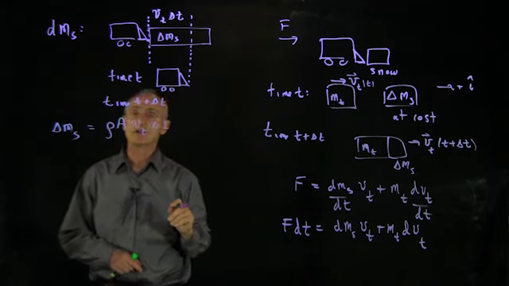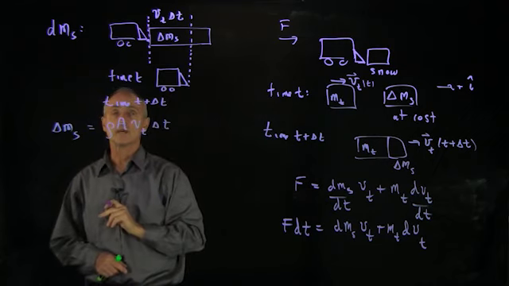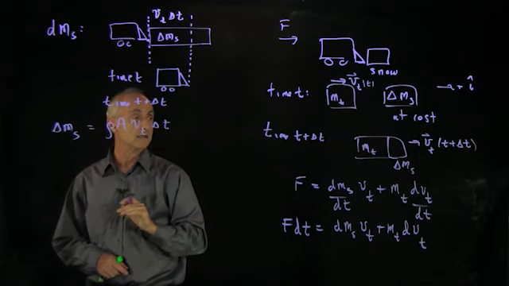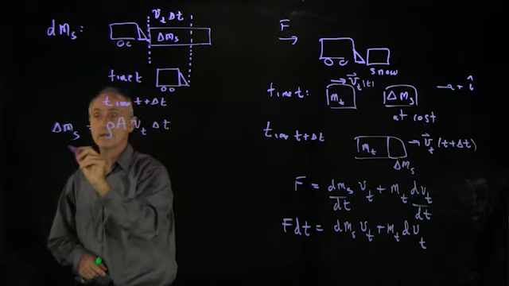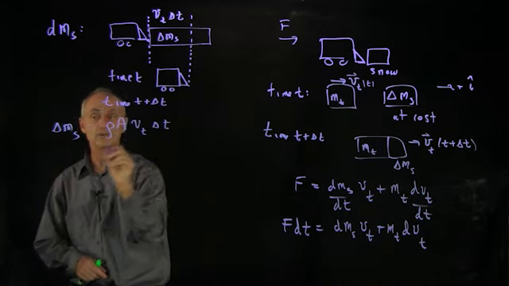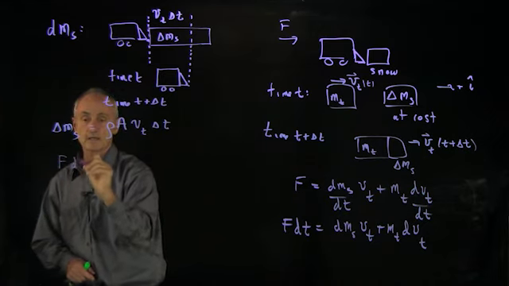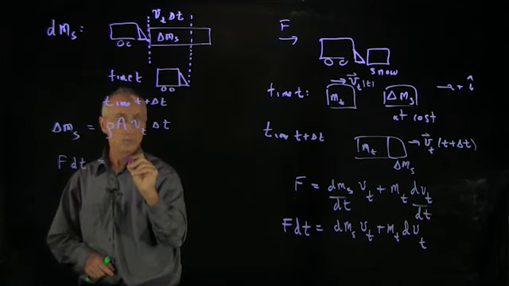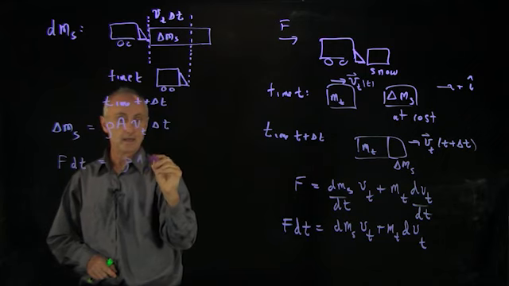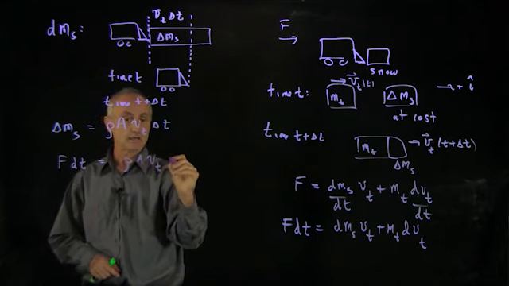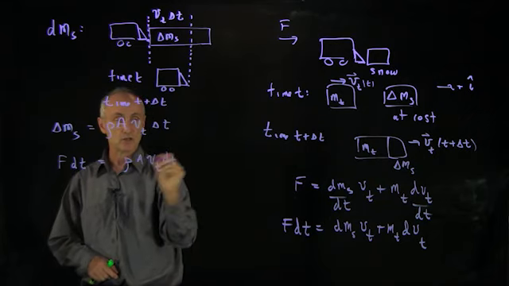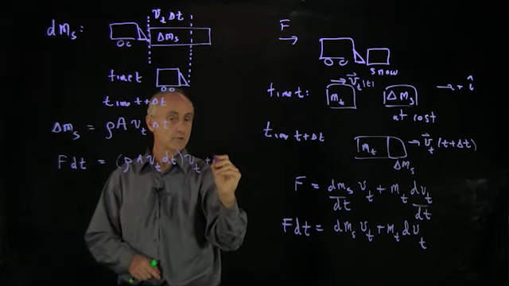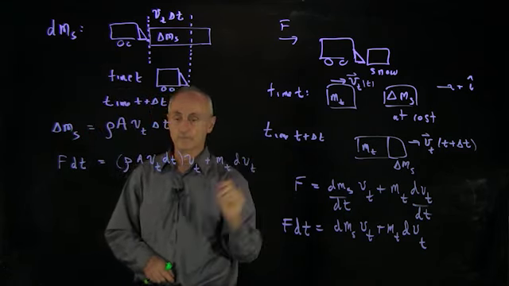And so now we have an expression for the rate that the mass is being picked up in this time interval. And we can write that in the following way, that our differential equation, F dt, equals dms, which is rho A v truck times dt, this will be a small interval, we're taking a limit now, times another v truck, plus m truck dv truck.